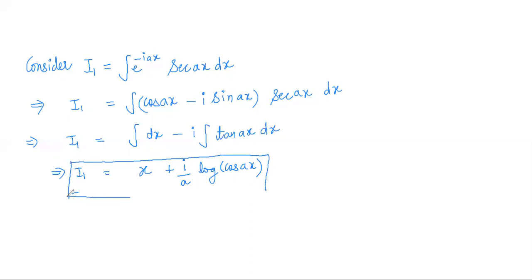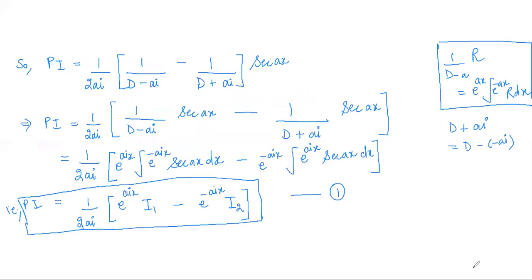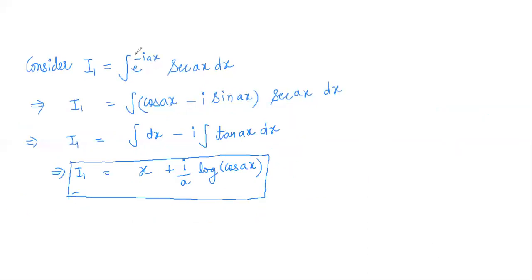Now, when I talk about the second integral, I2, what is the difference between these two? In I2, we have e raised to power a iota x. So if I am having here e raised to power iota ax, there will be change only in this. The formula of e raised to power iota ax is cos ax plus iota sin ax. Means here I will be having plus sign.